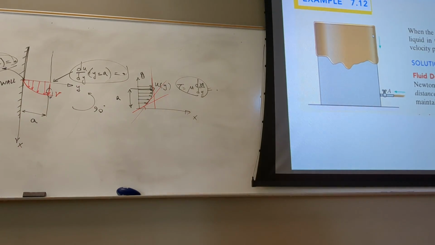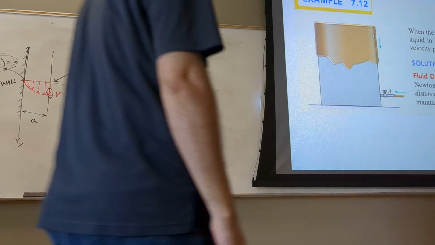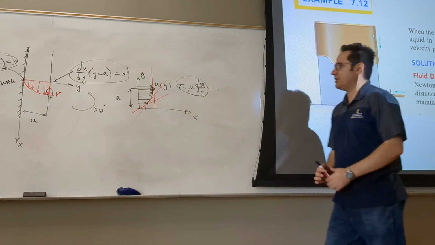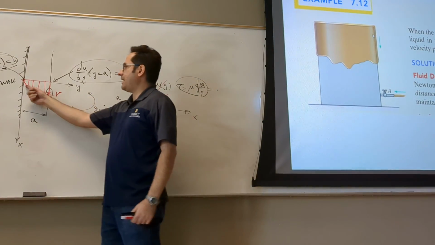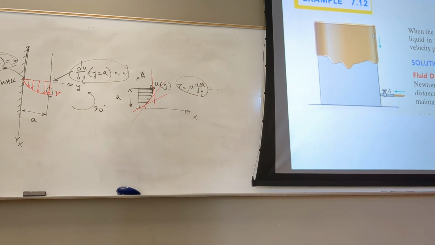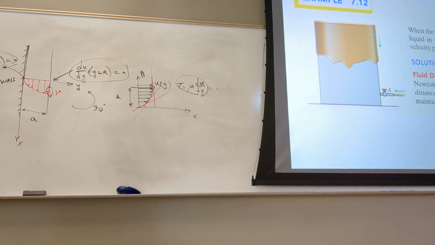Now, the question here says, find the velocity profile. It says, give me the exact relation for that. So how can I solve this problem? One way we did in chapter 2 is to assume this is parabolic, second order. You have done it in the homework, unless you cheated and used the solution manual.